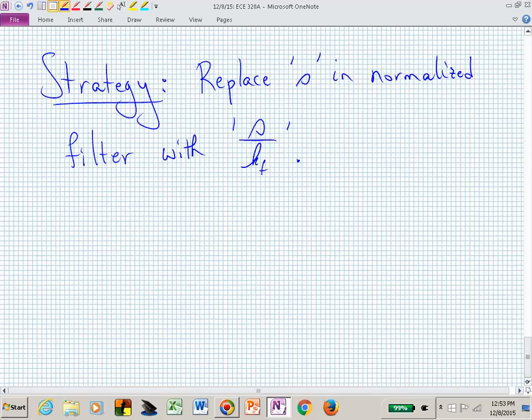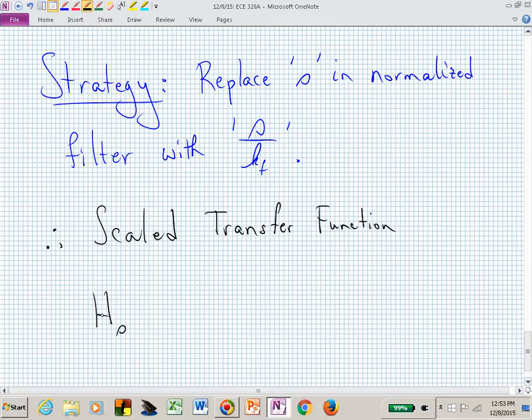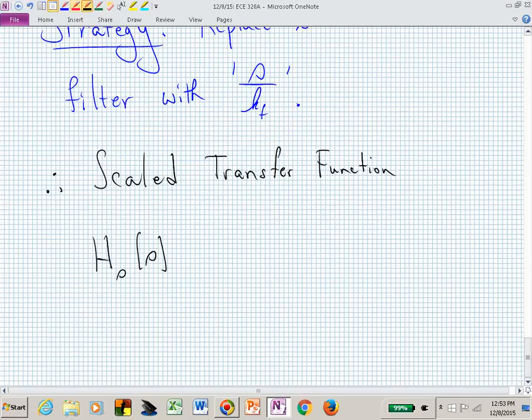In our example, our scaled transfer function I will subscript with an s.